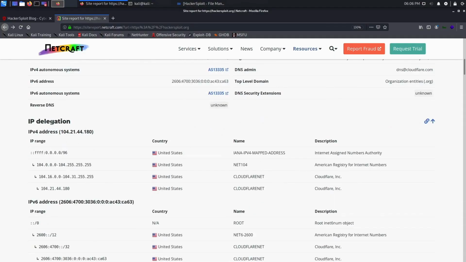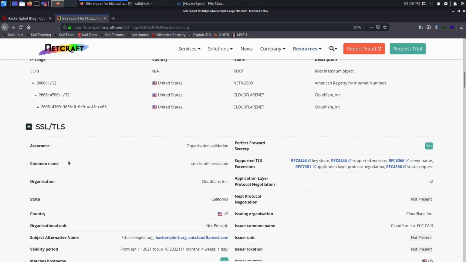For the IP address, it'll give you the IP delegation. So this is the primary IP, which, as we know from the previous videos, belongs to Cloudflare, as it again highlights here. It'll tell you the name of each of the IP blocks, and in specific this particular IP, which is owned by Cloudflare, and it does that for IPv6.